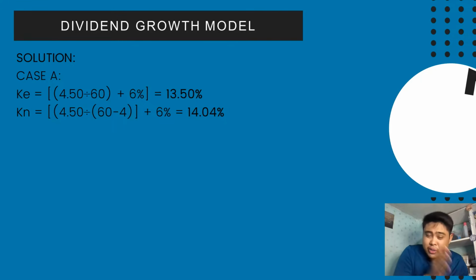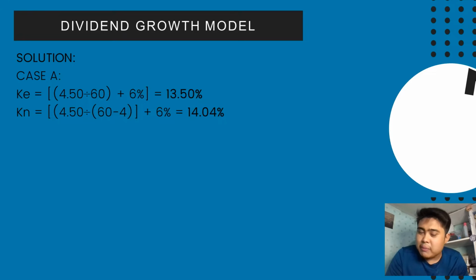So, ito yung given, ito yung item, ito yung given amount niya. Most of the time, sa cost of capital under DGM, paragraph form yon. So, ikaw ang kailangan mag-determine sino si D1, sino si current price, sino si flotation cost, sino si growth rate. Pero again, mag-ingat lang kayo sa D1.